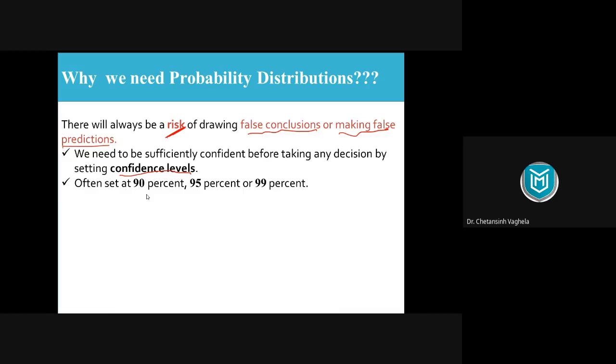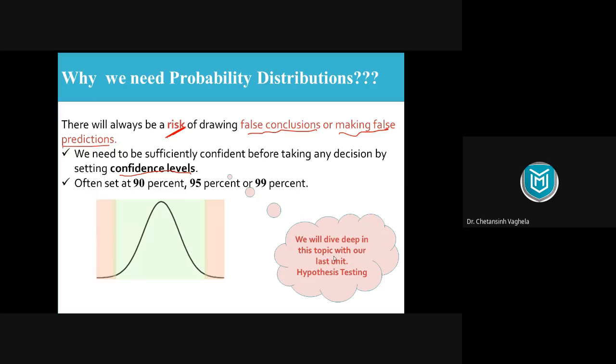कॉन्फिडेंस इंटरवल हम कहीं पे भी सेट कर सकते हैं 90%, 95%, 99%, but all these things will create lots of confusion in your mind about what I'm talking about. कि कॉन्फिडेंस लेवल क्या है, ये 90%, 95%, 99% मैंने जो लिखा है ये सब क्या है. So don't worry about that because we are going to learn this particular topic which I have written right here. ये दोनों बात.